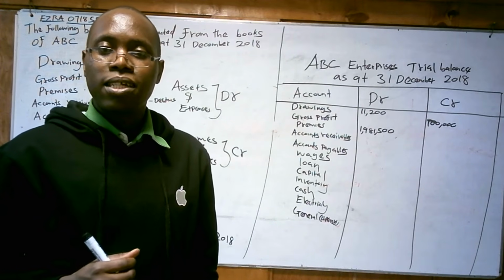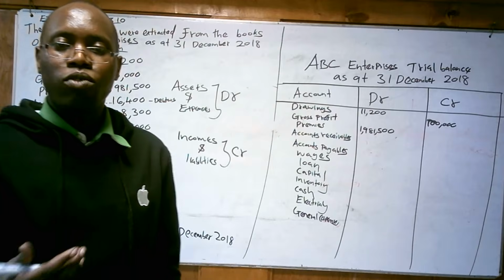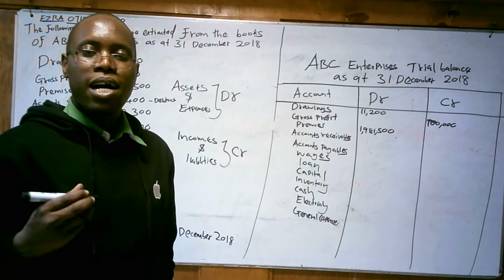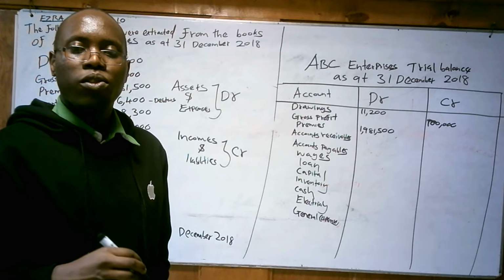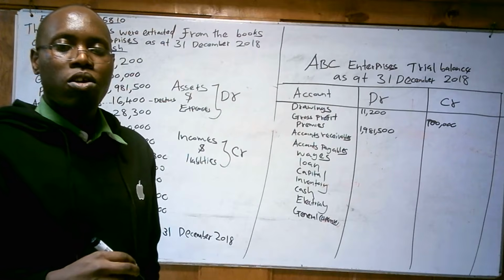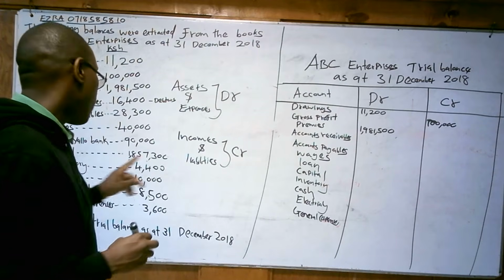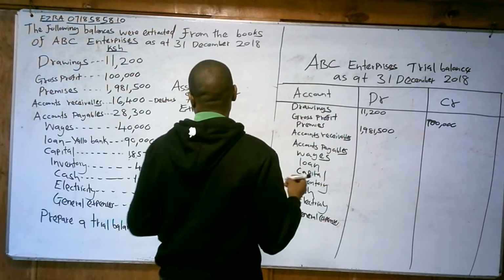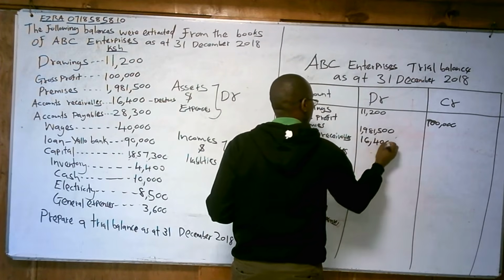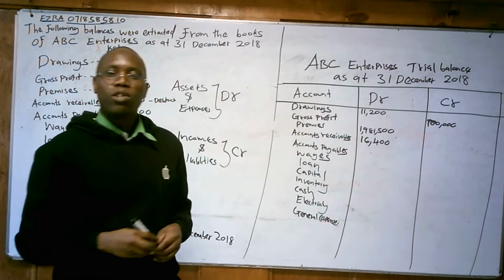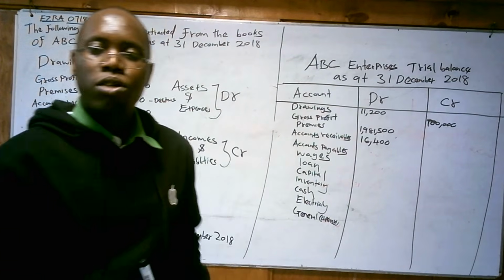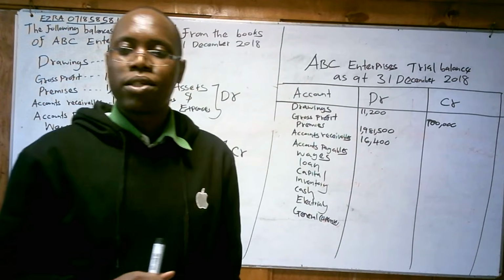So the debtors are current assets, and they fall under the category of assets. And remember we said that assets must appear on the debit side of the trial balance. So the accounts receivable, this amount which is 16,400, is going to appear on the debit side of that trial balance.